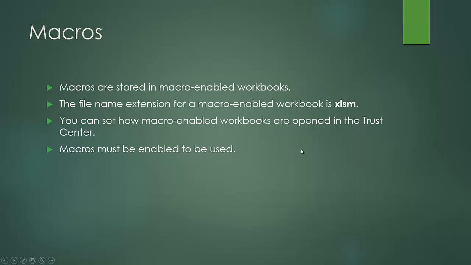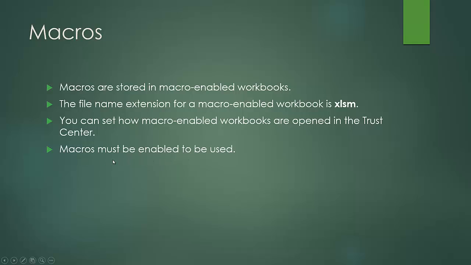The default when you open a macro-enabled workbook is for it to ask you if you want to enable the content. So it gives you a chance to think about this before you go ahead and let a macro have access to your computer.